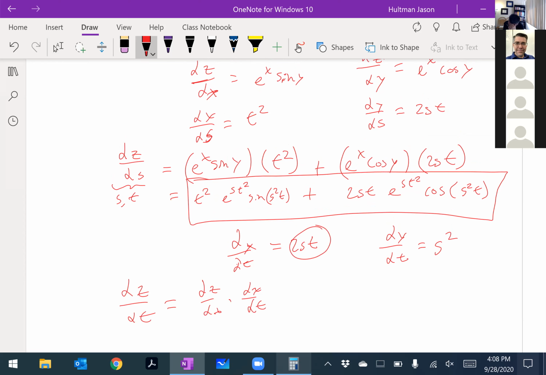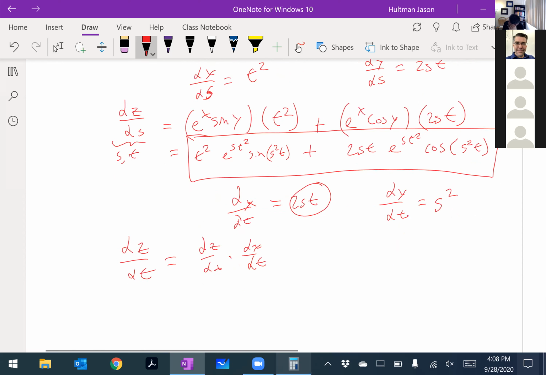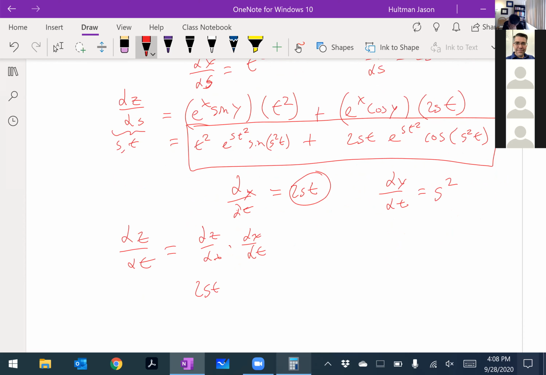So it's kind of like they're going to reverse. So this is going to be 2st times, we already know what dz/dx is. It's e^(st) squared sine(s squared t), plus dz/dy of dy/dt.